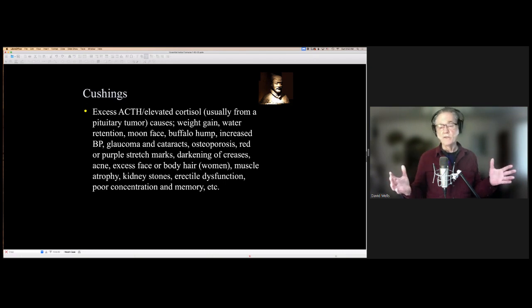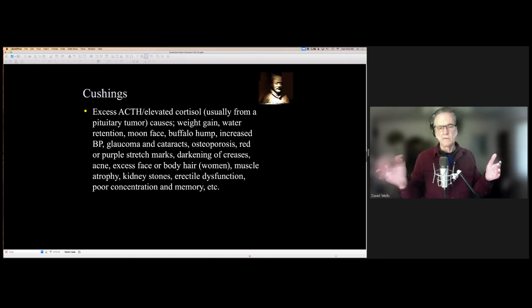One of the physical signs you can check for on this, and believe me, once you know what to look for, you will recognize it: the round face, the buffalo hump. The other things you can start looking for are red or purple stretch marks. And I don't mean right after giving birth.